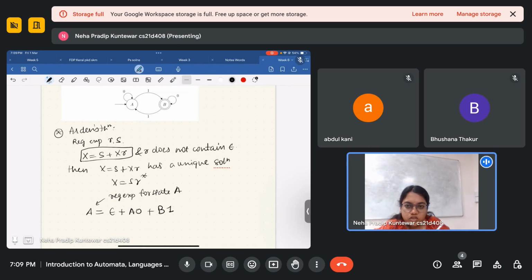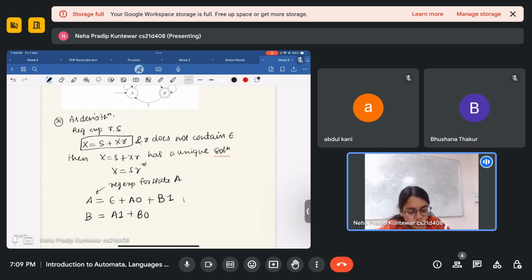Similarly, what is the expression for B? You can get to B from A by reading this 1, so here you have A followed by 1. And if you are at B, there is a self loop on B on 0. So if you are already at B and you see a 0, then you reach B. So these are the two equations that we have.